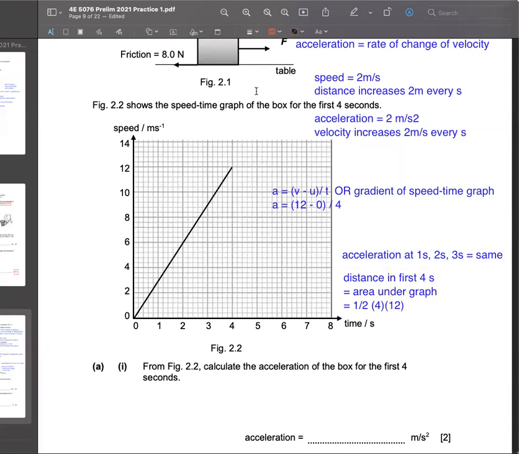But please take note, in case they test it, you must check the time. Check the time is in seconds. If it's in minutes, times 60, then you convert to seconds.